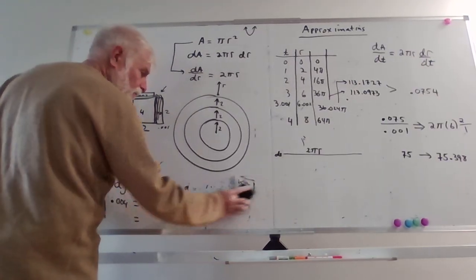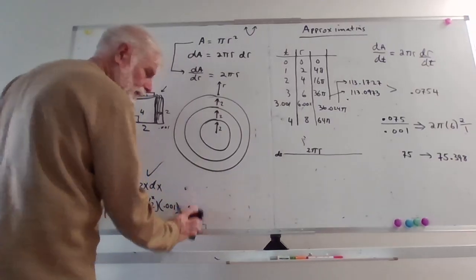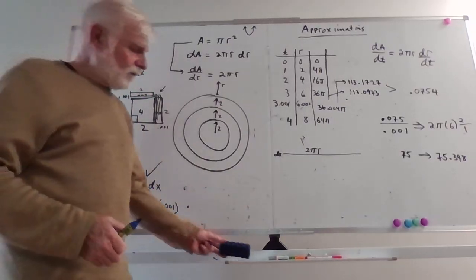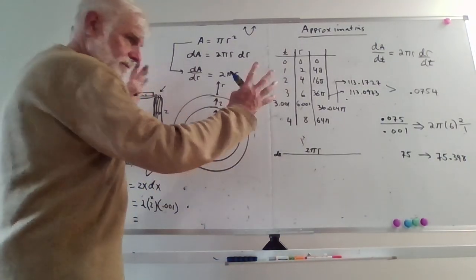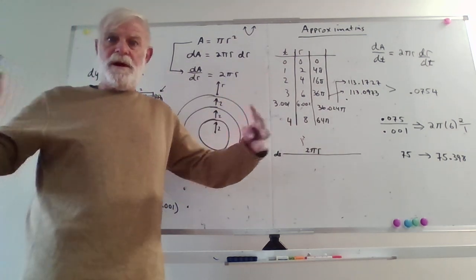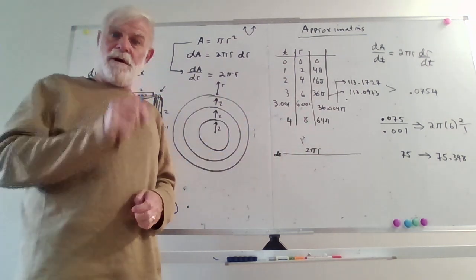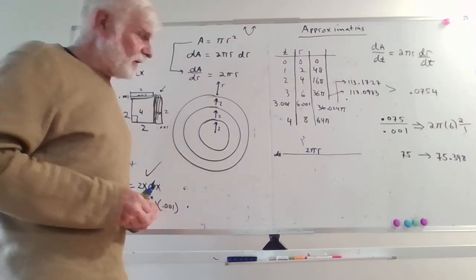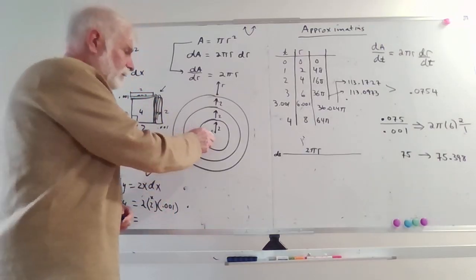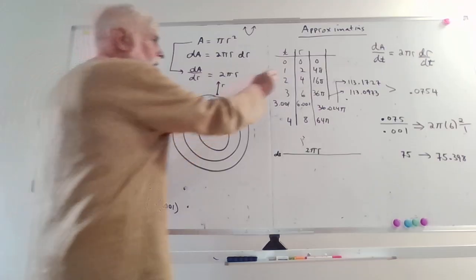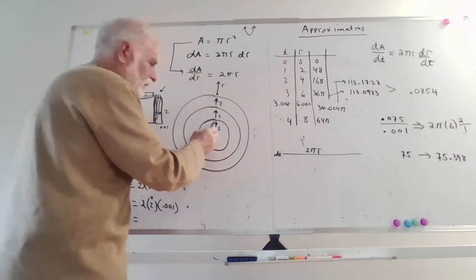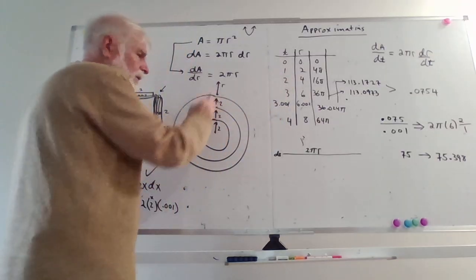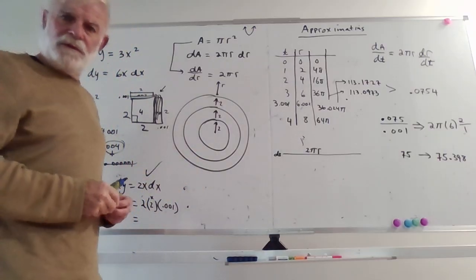Now what happens if I threw a pebble in a pond and I looked at it and I said, whoa, these circles move away from where the pebble hit the water. And let's say that I noticed that the radius, every second, is changing by 2 units.